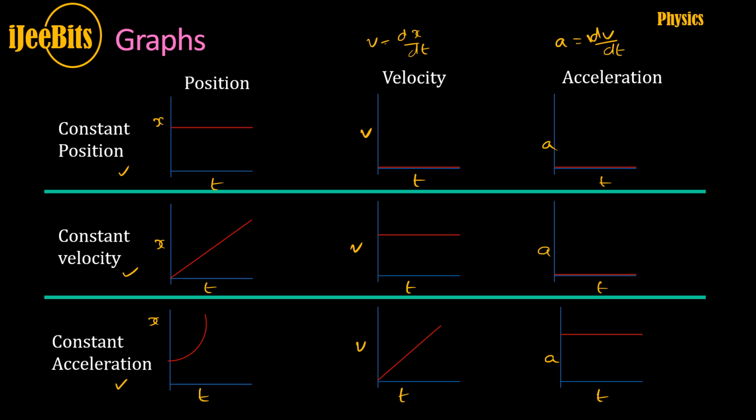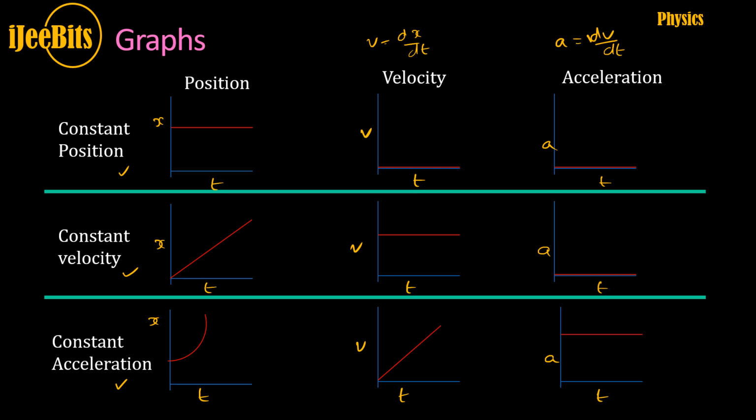So if we differentiate the position graph, what we get is the velocity graph. dx by dt, when x is constant, the differentiation would be 0, right? That's why this line is on the x-axis on the vt curve. This is what velocity means. Acceleration, dv by dt, also becomes 0 if the velocity is 0.